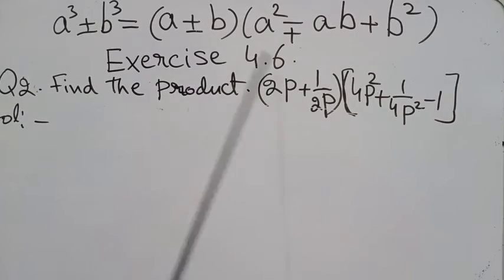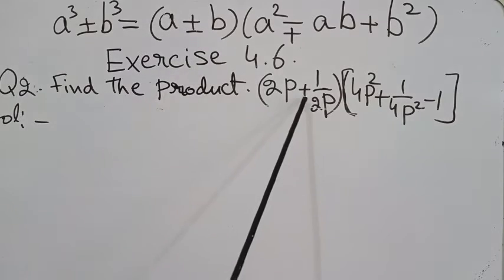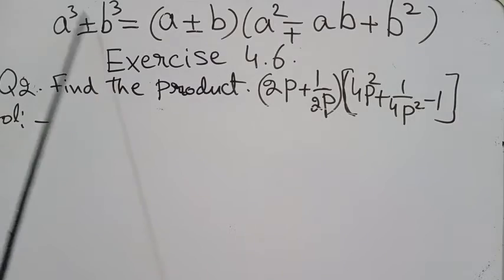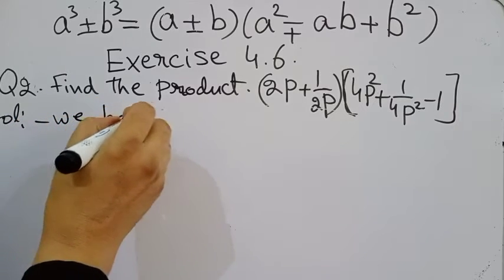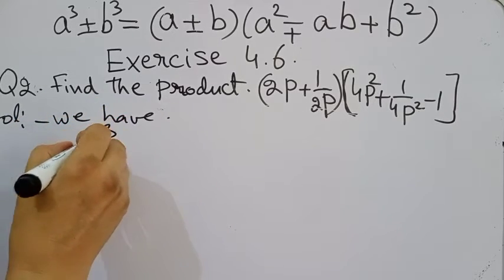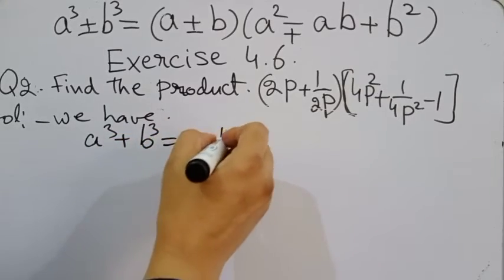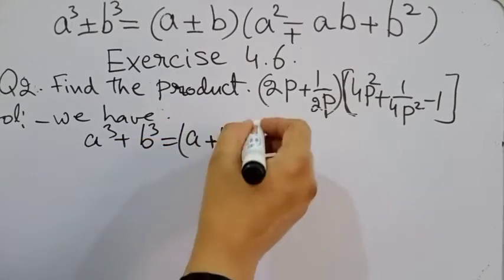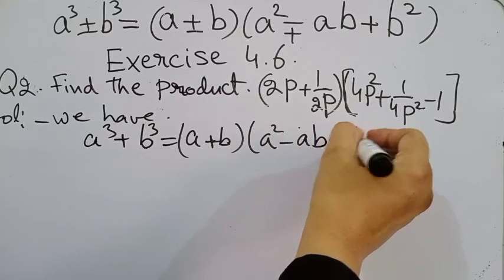We observe that in this portion we have plus sign, so we use the formula having plus sign. We have formula a cube plus b cube is equal to a plus b into a square minus ab plus b square.